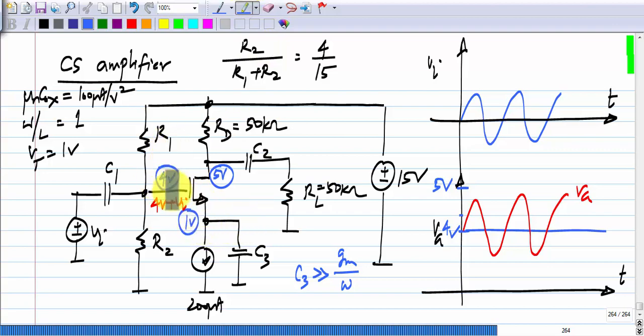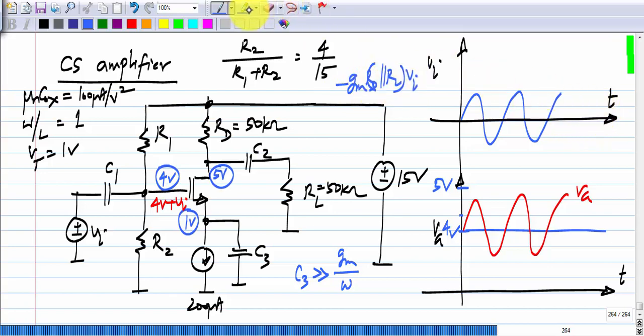As the gate voltage increases, the drain current increases, and the drain current will flow through Rd parallel RL, and the drain voltage will fall. Or you can think of it as the incremental voltage at the drain being minus gm Rd parallel RL times Vi.